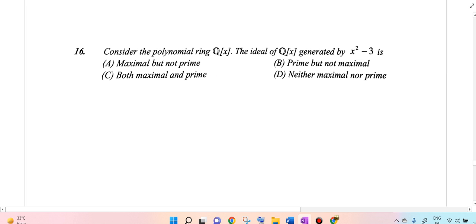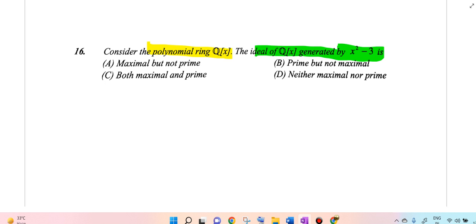16. Consider the polynomial ring Q[x] and the ideal generated by x square minus 3.